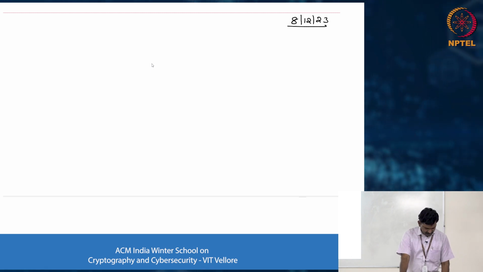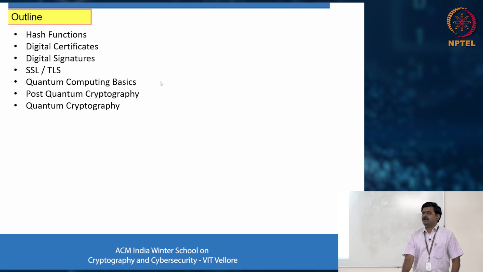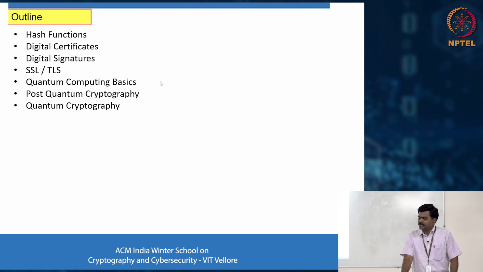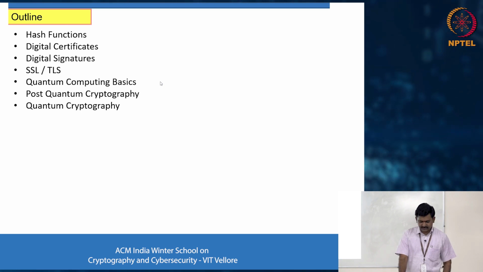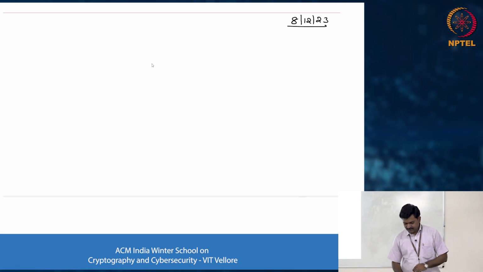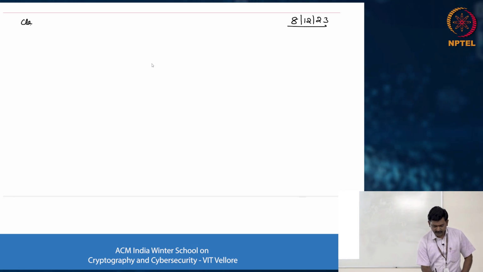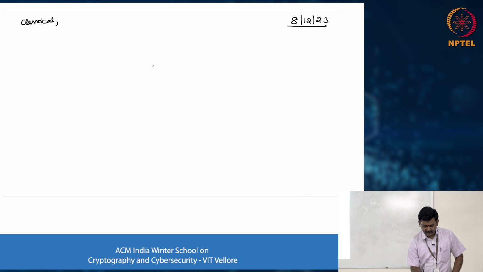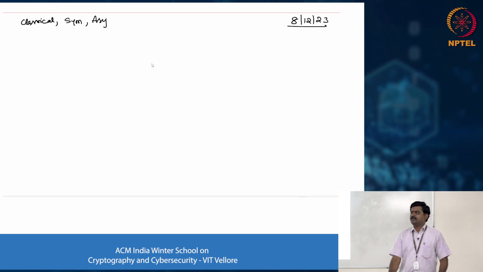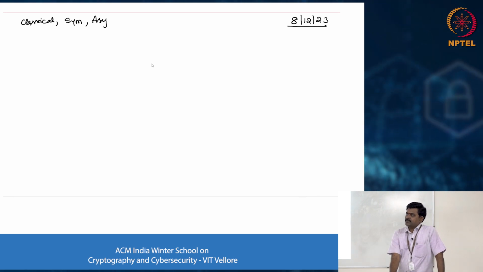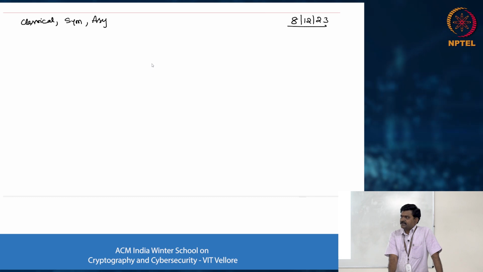Okay, so welcome back. We will now continue our discussion on cryptography. So far in the sessions, we have completed classical ciphers, then symmetric ciphers, then asymmetric ciphers. We have given a detailed discussion on these, and we understood how they work.